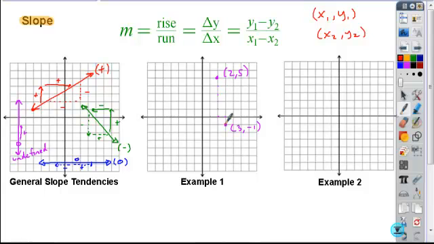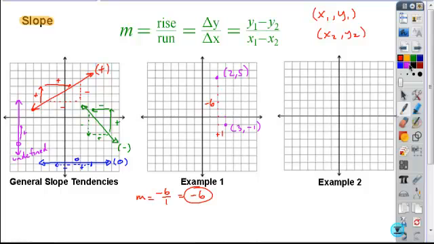So if we move from this point (2, 5) to the point (3, -1), our vertical change is down 1, 2, 3, 4, 5, 6. So we go down 6, and we go over 1. So our slope is going to be negative 6 over 1, which is negative 6. Okay, so there's our slope. We can find that very easily by counting.